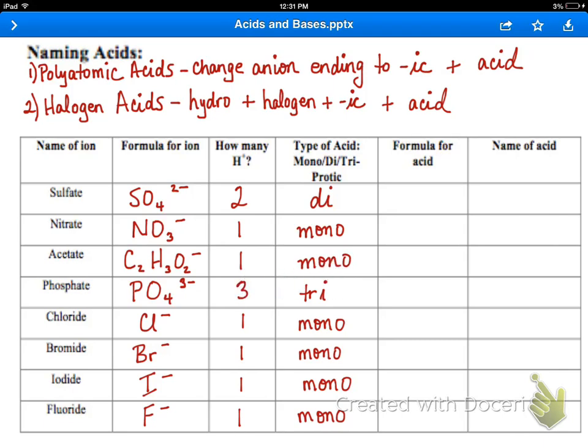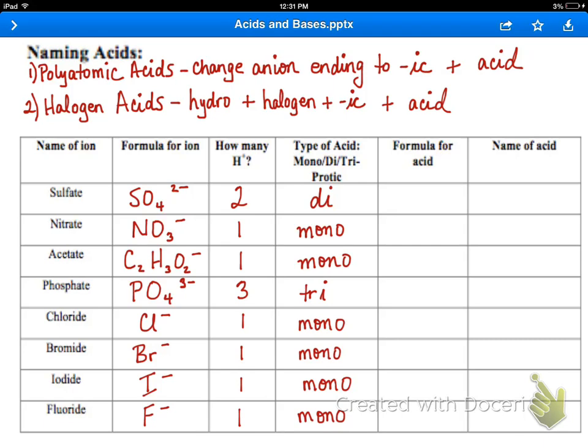That leads us to the formula of the acid. Just like with polyatomic compounds, where the cations went first, in this case the protons are going to go first in the formula. I'll do the first one together. Sulfate is going to have 2 protons, and they're going to go at the beginning of the formula.